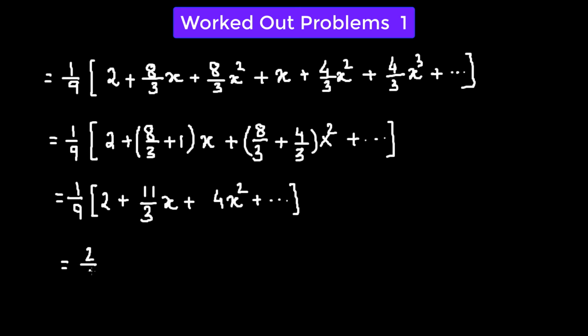That would give us 2 over 9 plus 11 over 27 x plus 4 over 9 x squared plus the remaining terms. So these are the first 3 terms. The first term will be 2 over 9, the second term will be 11 over 27 x, and the third term will be 4 over 9 x squared.